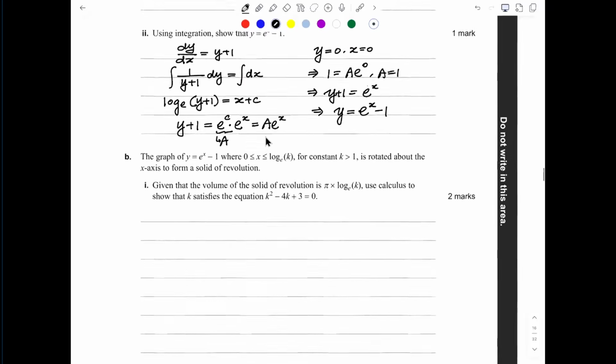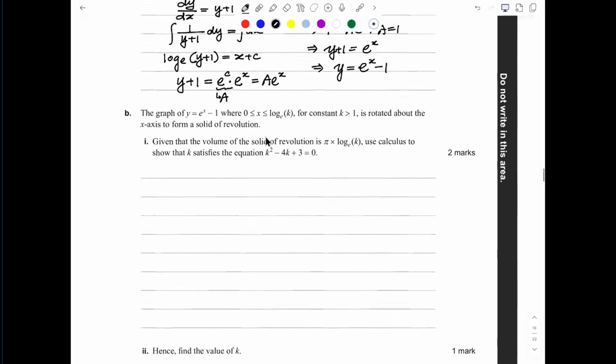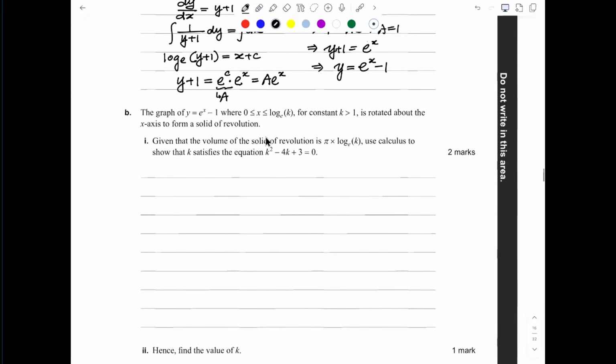The graph of that between 0 and log e k for x, for constant k greater than 1, is rotated about the x-axis to form a solid of revolution. So if you draw a quick diagram, suppose it's that part, rotated about the x-axis.